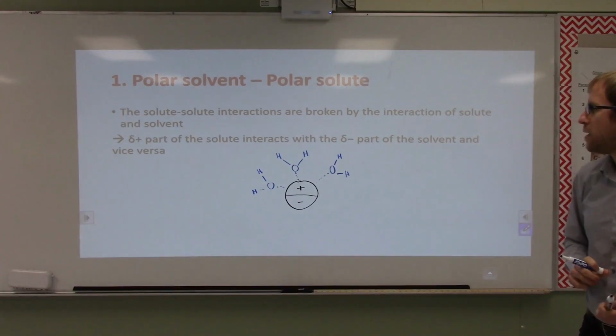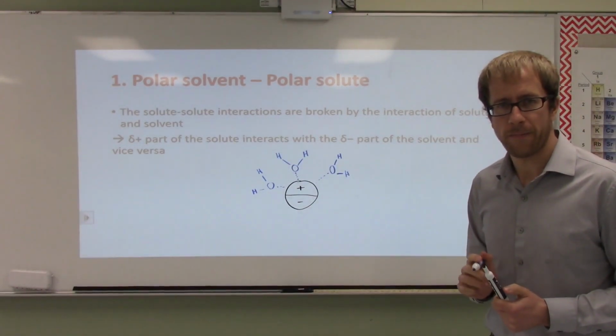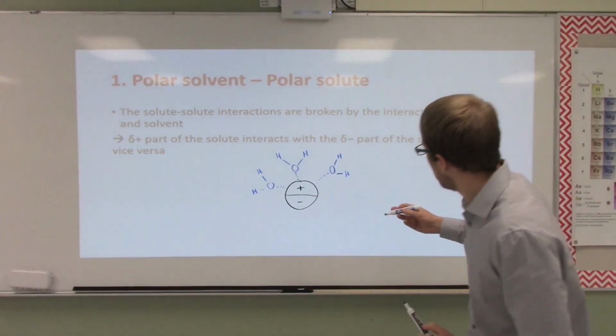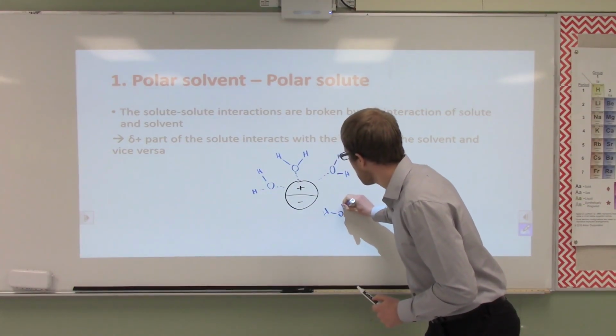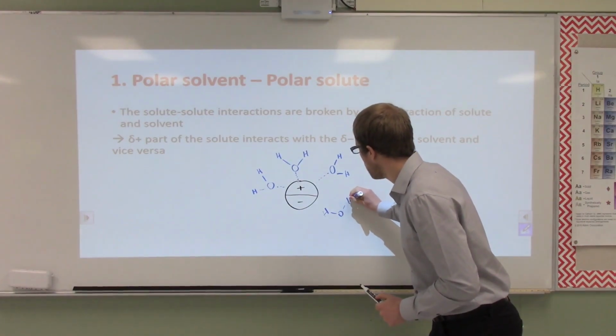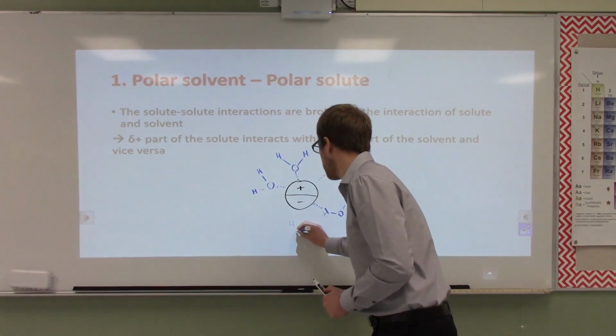Now what about the slightly negative part of our sugar? Well, that's going to be those slightly positive hydrogens. So our water molecule now, right, our slightly positive hydrogens are going to be interacting with this negative component here.